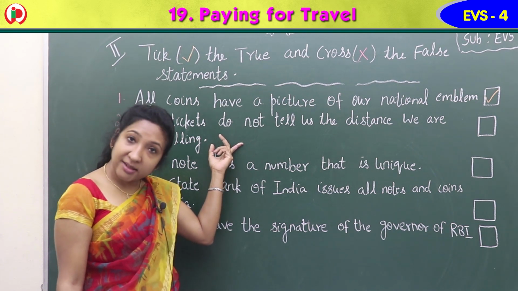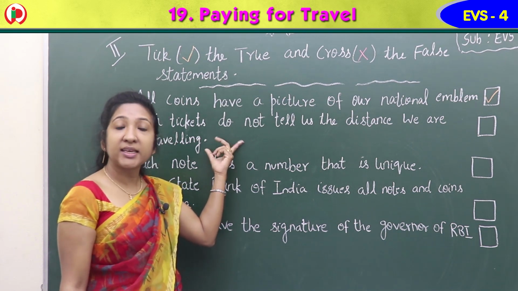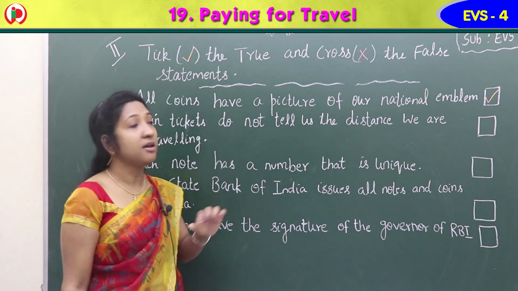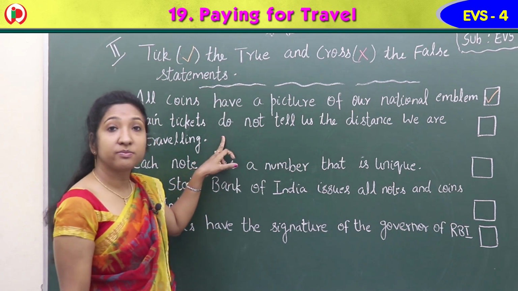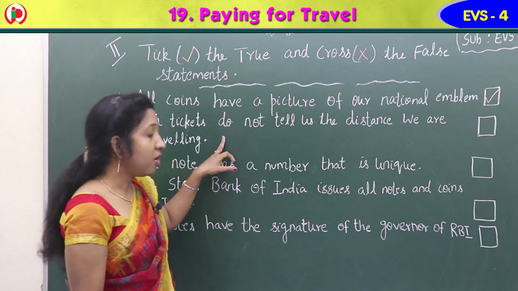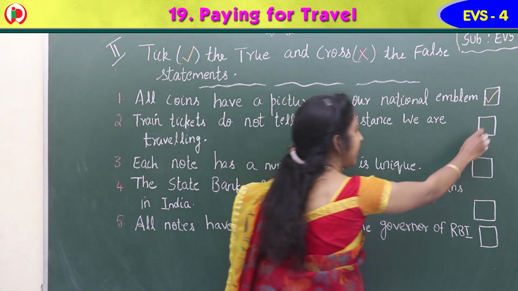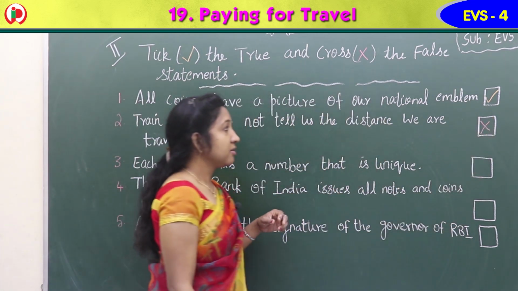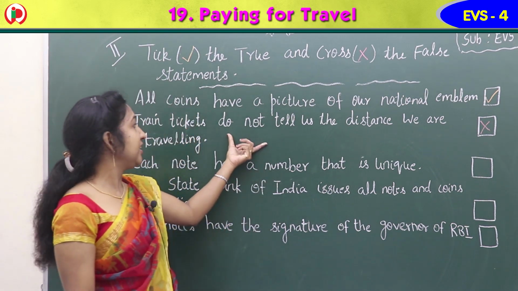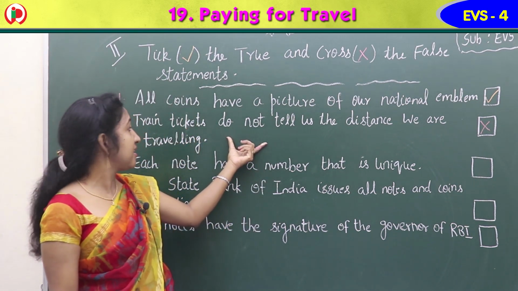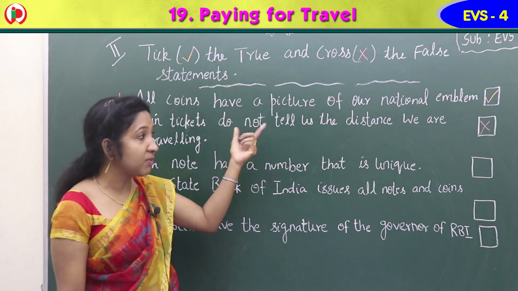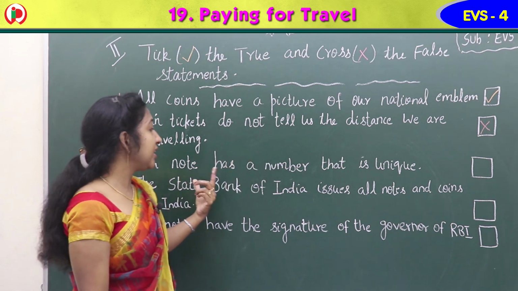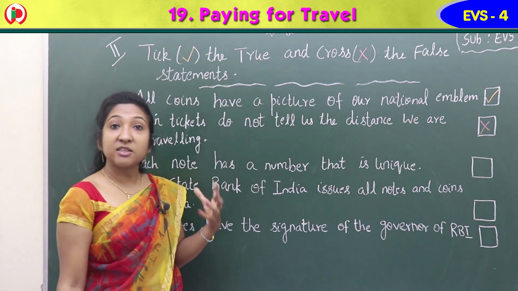No, train tickets tell us the distance, isn't it? In the ticket the distance covered is mentioned. So the statement given is wrong. So put a cross in the square box. The statement, train tickets do not tell us the distance we are traveling, is a wrong statement. So put cross.